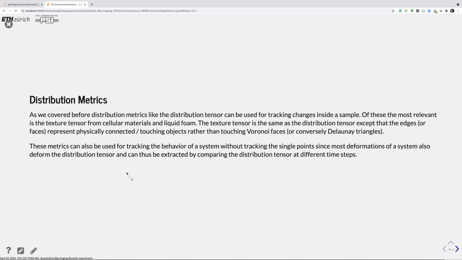Then you can also look at different distributions, different metrics over time. So things you can look at is, for example, the texture tensor. Let's see, we can maybe split this up a little bit.